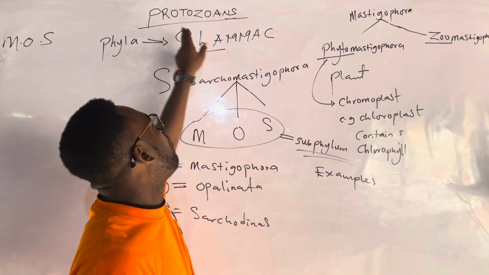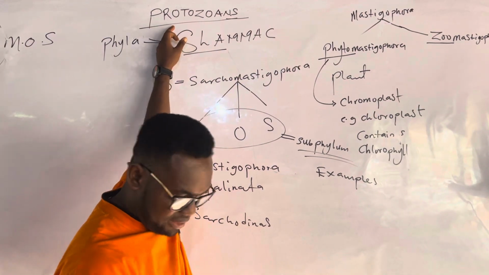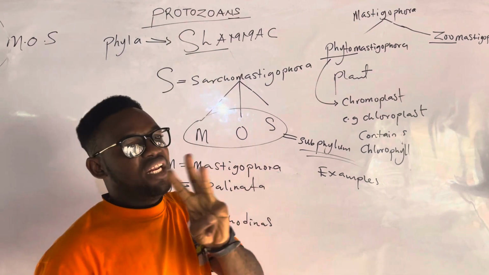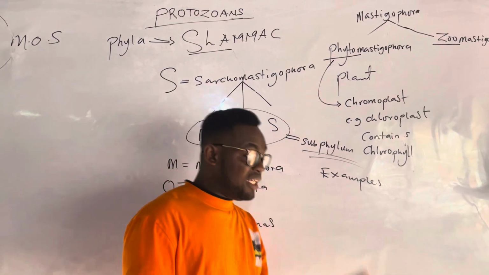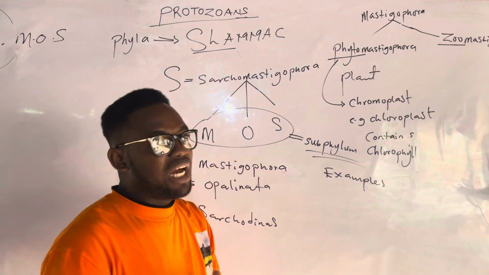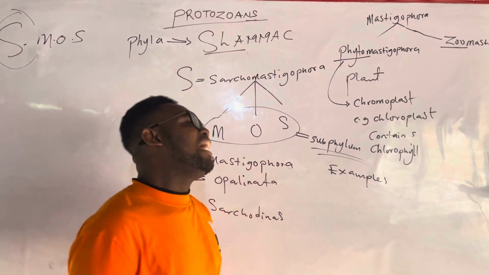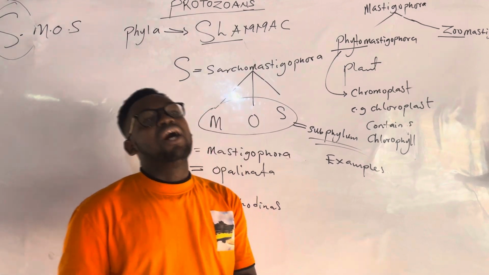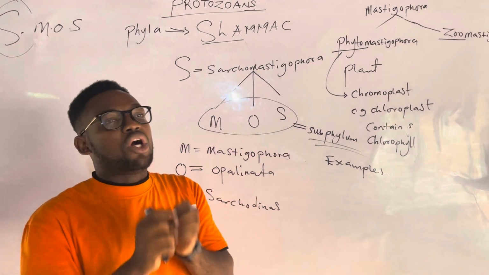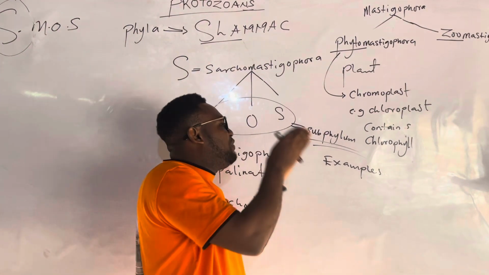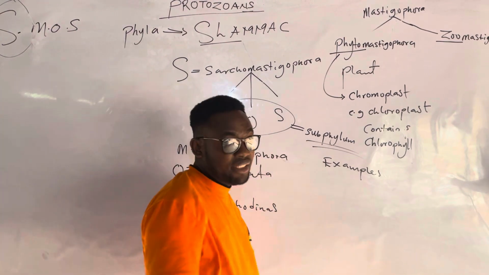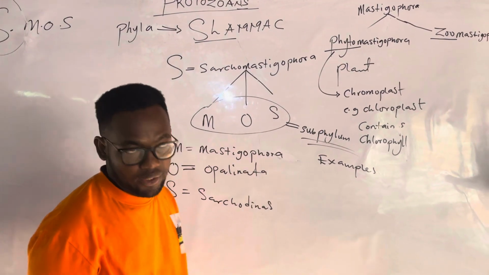That's why I say you should watch the first video on protozoans. First, study the general characteristics. After that, you look out for the classification, which is what we are doing here now. Then after classification, you look out for examples of such organisms under the various classes you have classified. And that's exactly what I'm following now.